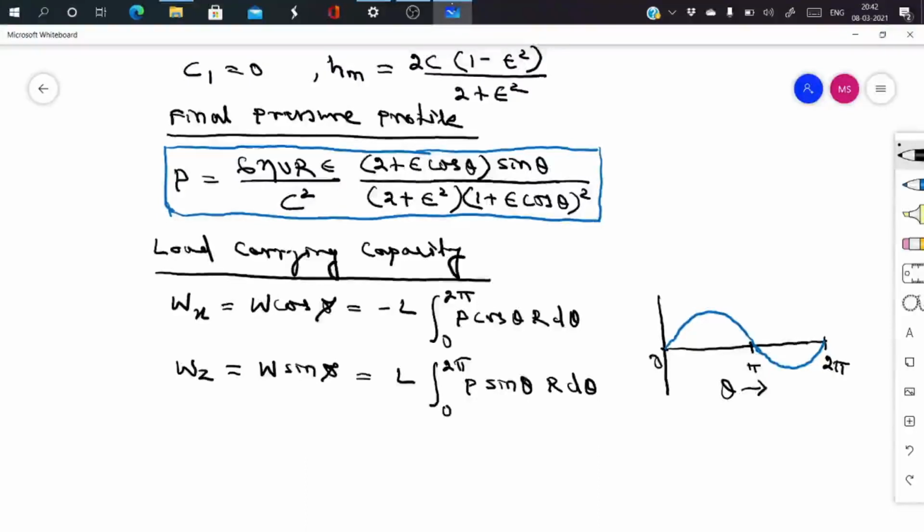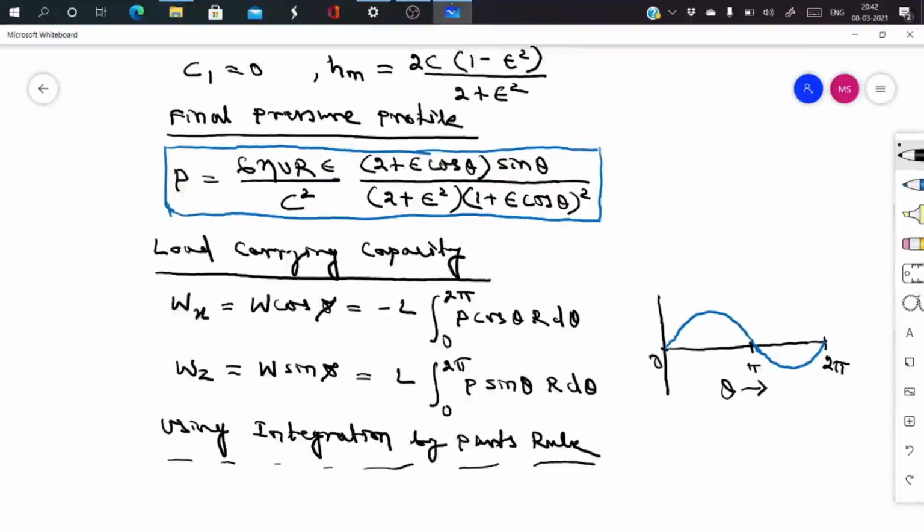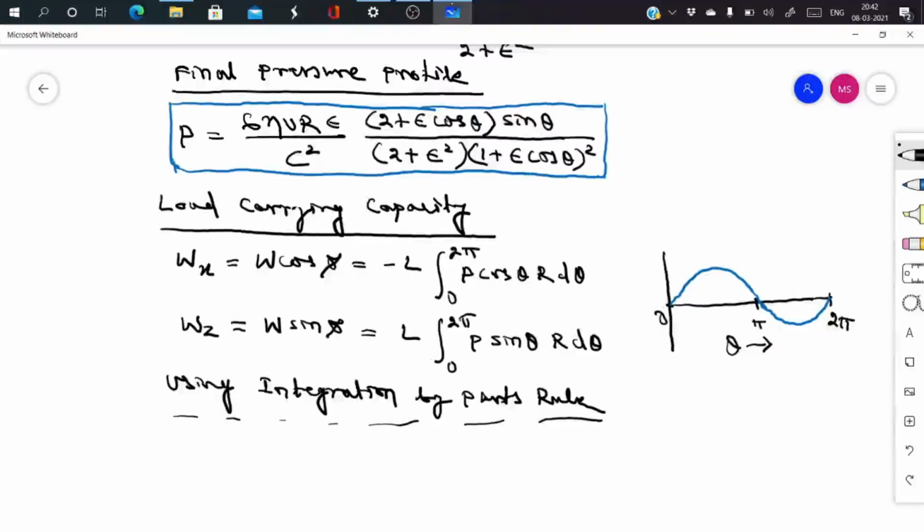So using integration by parts, Wx becomes Lr integral 0 to 2 pi sin theta dp upon d theta d theta.